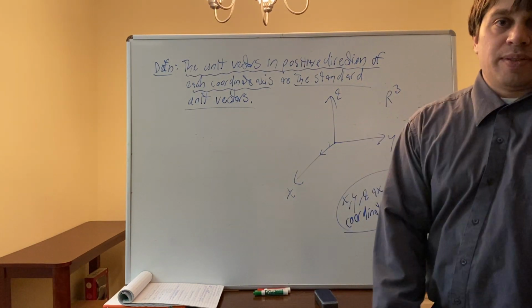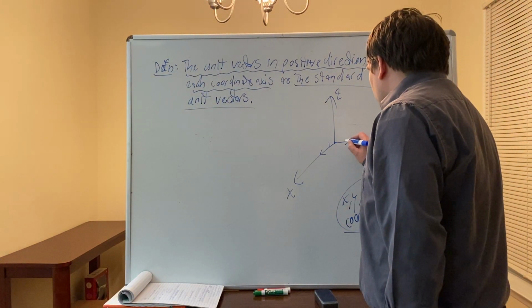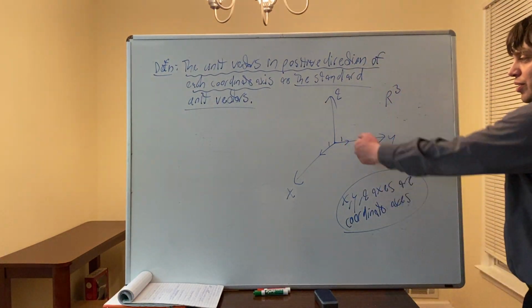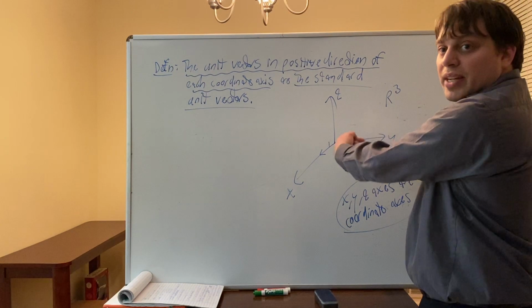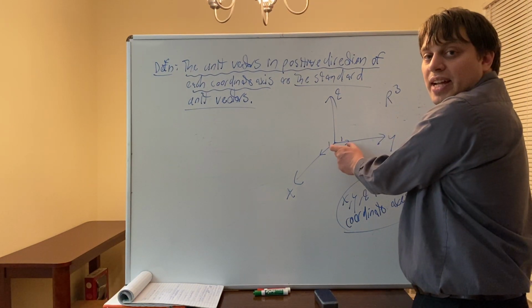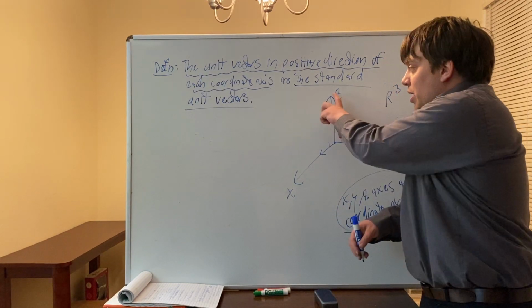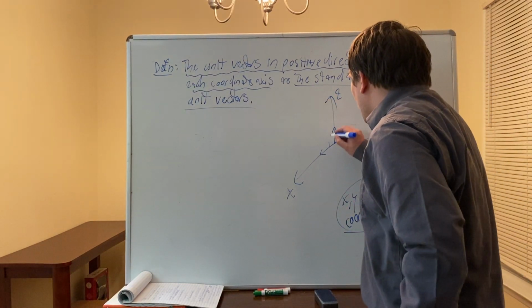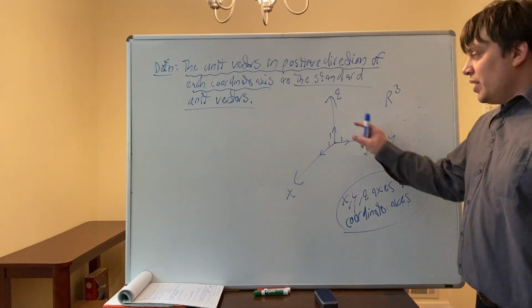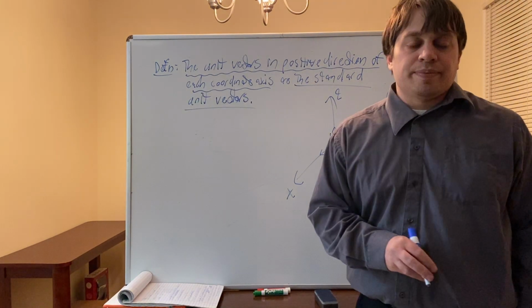of free space. Now, if you take the unit vector in the direction of the positive y-axis, here's the y-axis, here's the positive direction of the y-axis, take the unit vector along that axis, that's another standard unit vector. Now take the unit vector in the positive direction of the z-axis, and that is our last unit vector for this coordinate axis, that's the third standard unit vector. Okay?